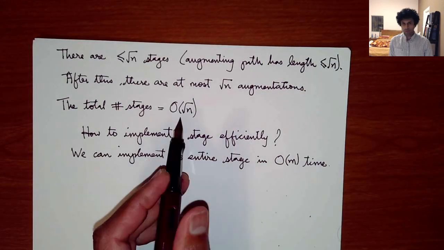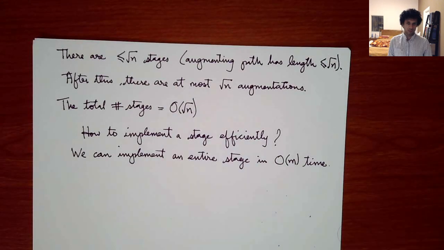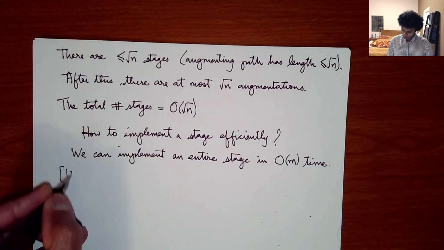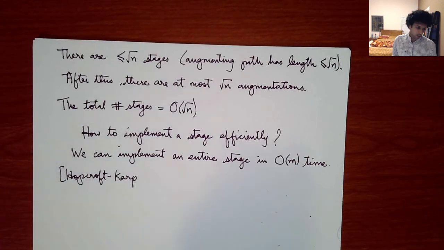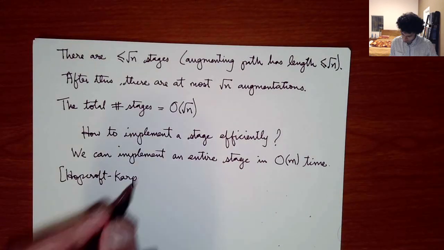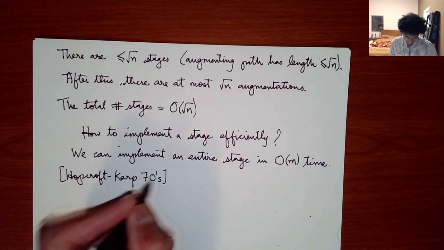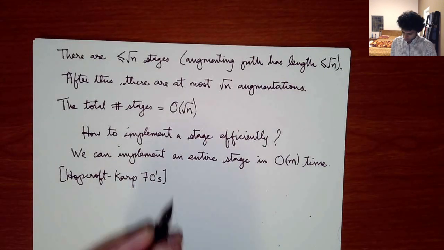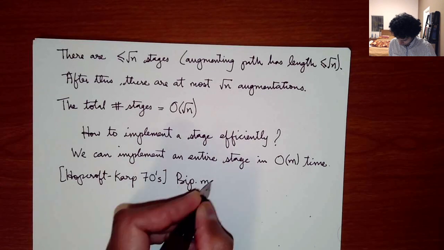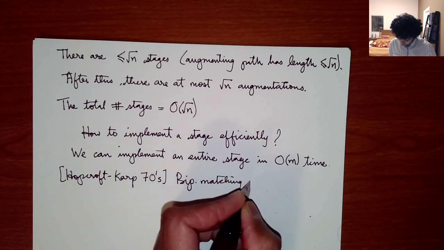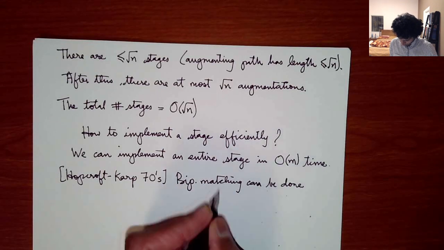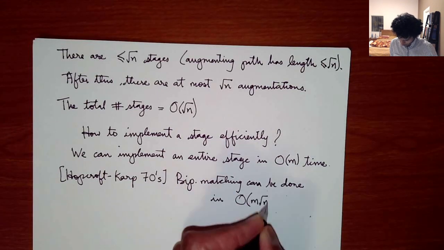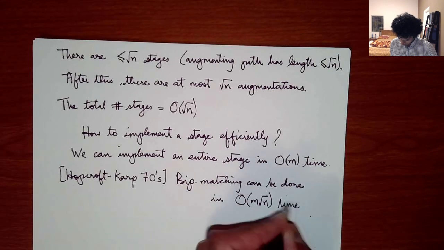So there are root n stages, each stage runs in O of m, and so the Hopcroft-Karp algorithm, which I think is from the 70s, is very close to Edmonds-Karp. Bipartite max matching can be done in O of m root n time.